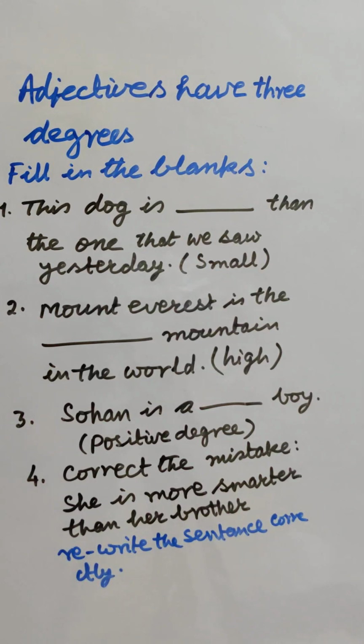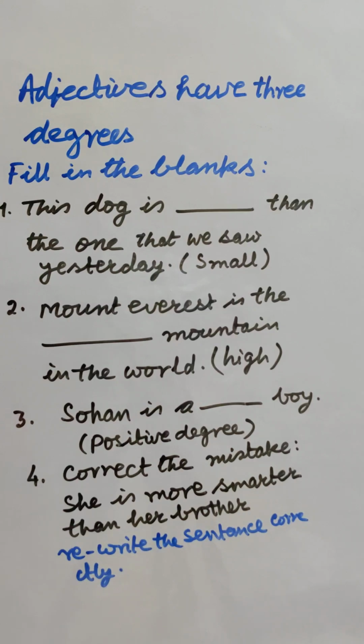There are some questions for you. This dog is dash than the one that we saw yesterday. You have to fill in the form of small. Mount Everest is the dash mountain in the world. Form of high. Sohan is a dash boy.